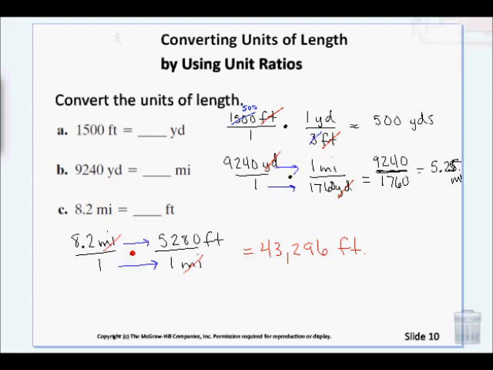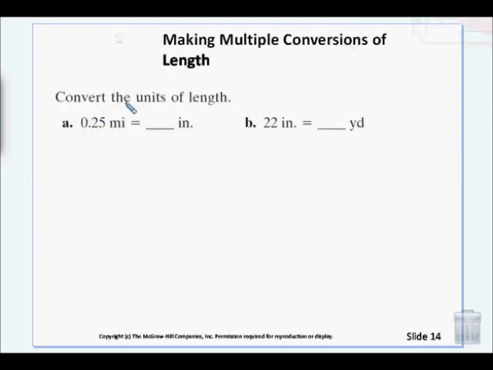All right. Here we're going to do multiple conversions. This is what I was talking about with multiple conversions. We don't have a conversion factor that takes me from miles to inches, right? So what I have is 0.25 miles. Now I know how many feet are in a mile, right?